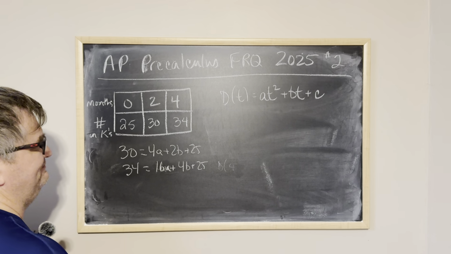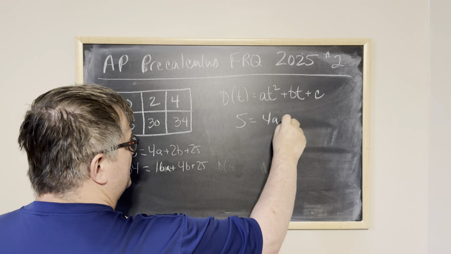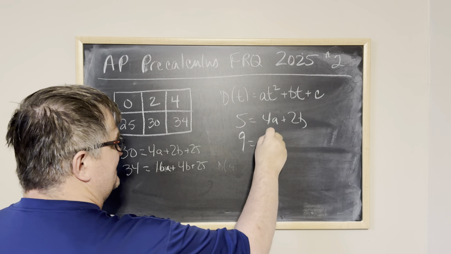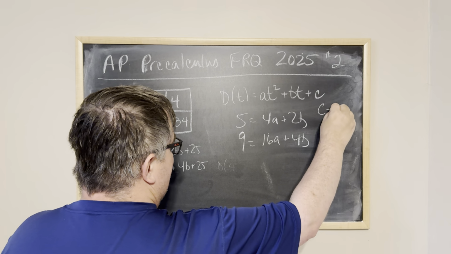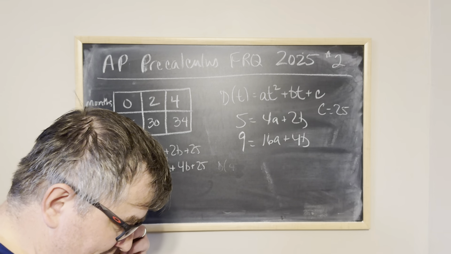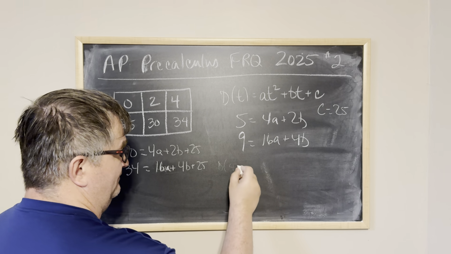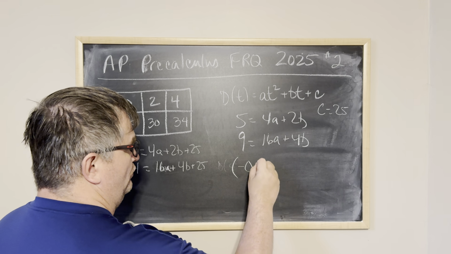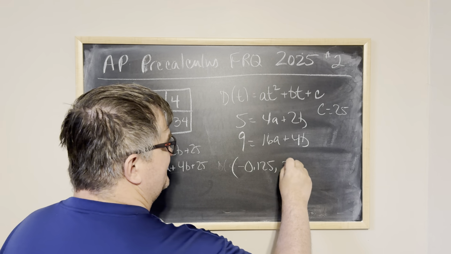We've just been busy. So you have 5 equals 4A plus 2B. And then you have 9 equals 16A plus 4B. Remember, C is 25. We know this already from part 1. And what you find out when you solve this is that the solution, and it says decimal, so they will get it in decimal, is this.